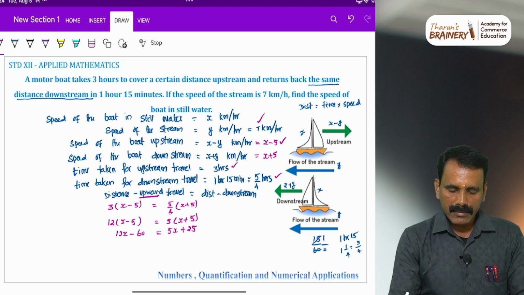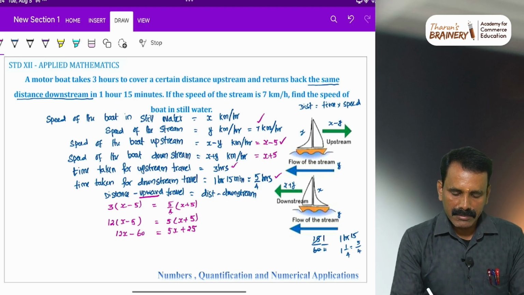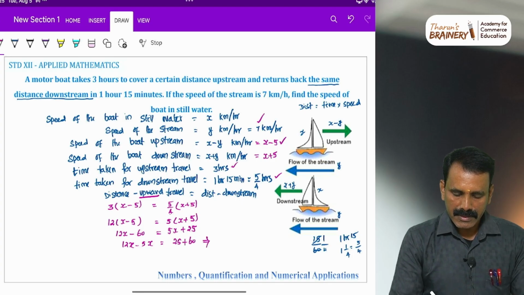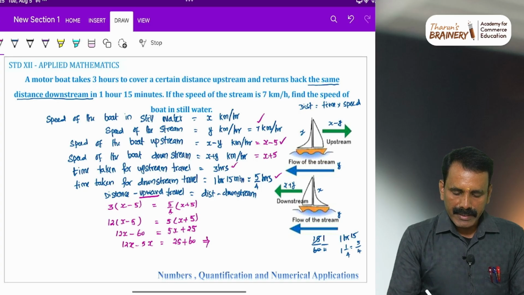So we bring the x term to the left hand side and minus 60 to the right side. So it is 12x minus 5x is equal to 25 plus 60, which implies 12x minus 5x is 7x, and 60 plus 25 is 85.